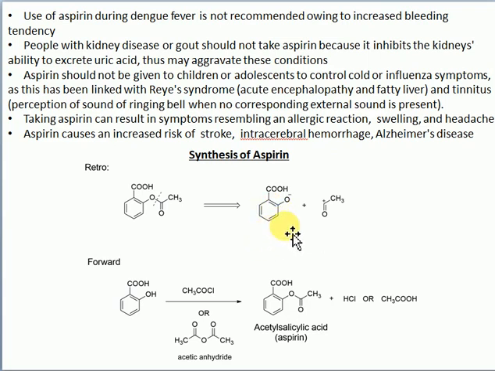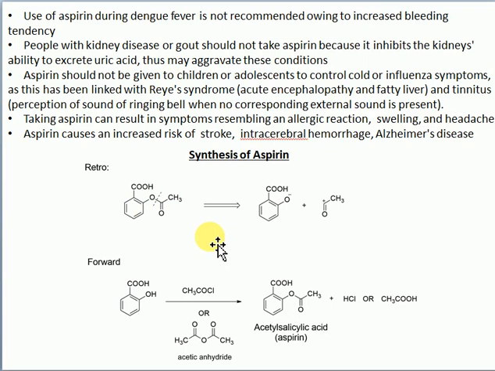That is why the phenolic OH group has been blocked by acetylation, with esterification. Upon esterification its side effects have been reduced, and in the system of our body this extra functional group is removed by hydrolysis, and the actual drug, salicylic acid, is released into the system.